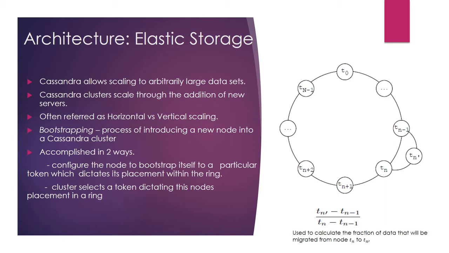The other approach is that the cluster selects a token dictating the node's placement in the ring. This figure shows a new node, Tn', being bootstrapped to a token between Tn-1 and Tn.